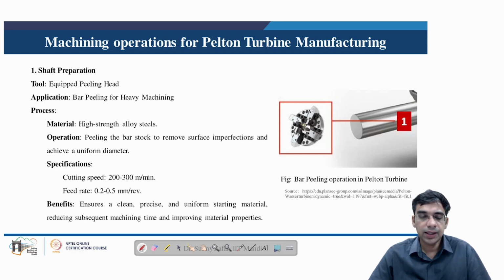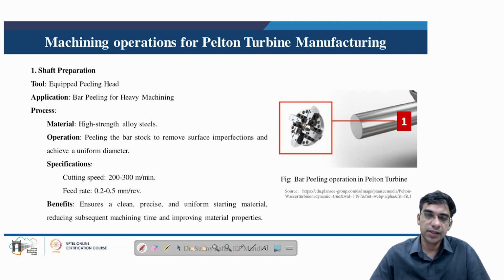Operation involves peeling the bar stock by removing the surface imperfections and achieving a uniform diameter. Specification of machining process involve cutting speed of the order of 200 to 300 meters per minute and feed rate of 0.2 to 0.5 millimeters per revolution.